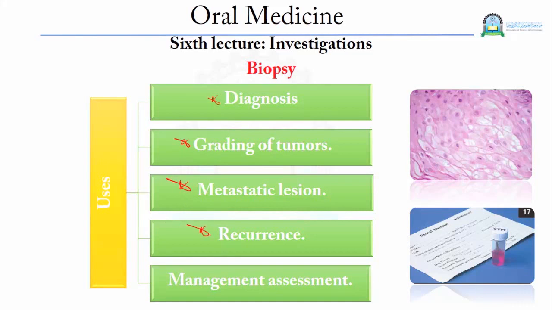Recurrence: we may need to perform a biopsy to evaluate whether there is a recurrence of a previously removed lesion. Management assessment: we may also need to perform a biopsy to assess the management which has been done.